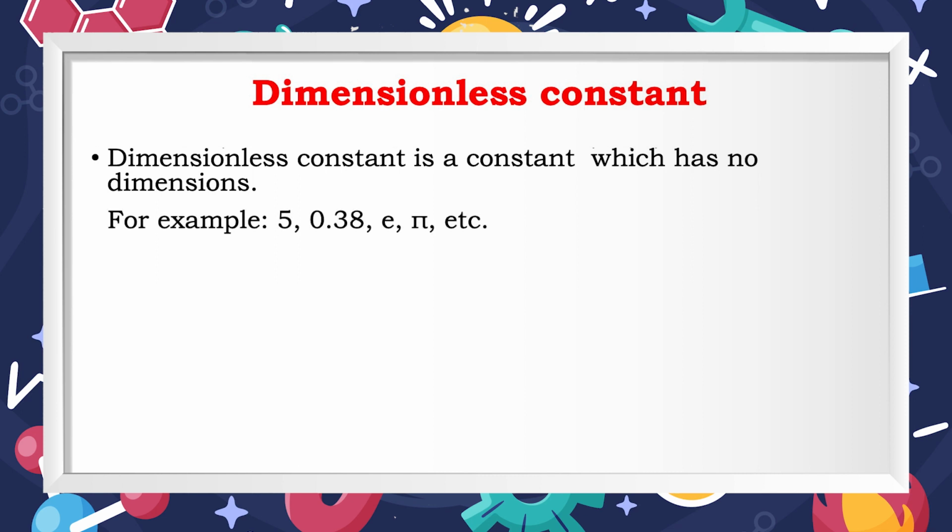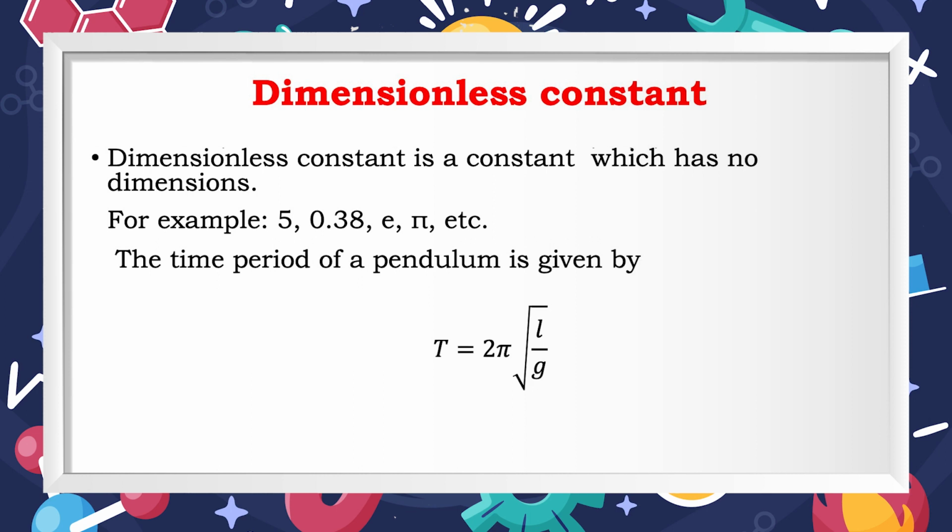For example, 5, 0.38, e, pi, etc. The time period of a pendulum is given by T equal to 2 pi under root L upon g. Here 2 pi is a dimensionless constant.